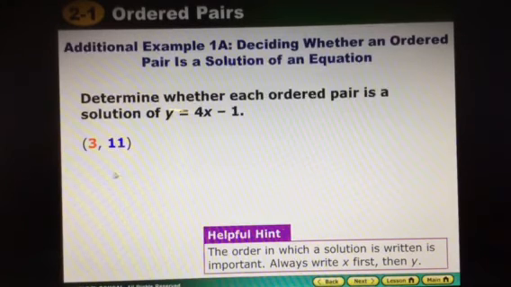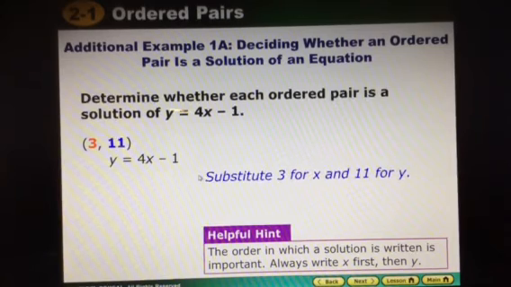So our next example, determine whether each ordered pair is a solution of Y equals 4X minus 1. So if we have 3, 11, 3 is the X coordinate and 11 is the Y coordinate. So if you plug those in and evaluate the right side using order of operations, see if you get Y, which is 11, on the left side.